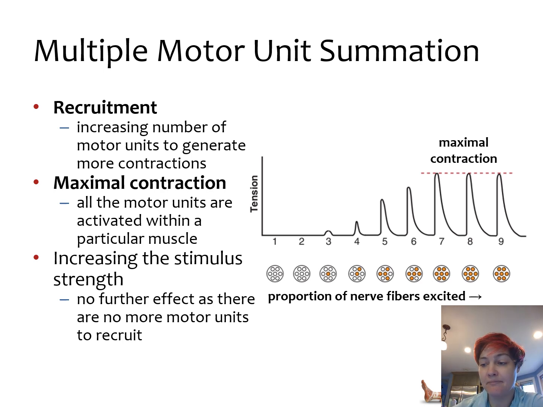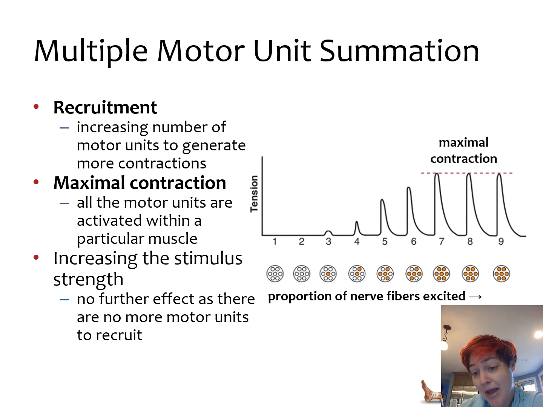Okay, so that's the basis behind graded muscle response. We're going to talk a little bit more about recruitment here. You can see in this picture, we're still using tension, but actually this is not by time. This is tension by proportion of nerve fibers excited. So think of this in terms of motor unit recruitment. At maximal contraction, you can see all cylinders are firing.